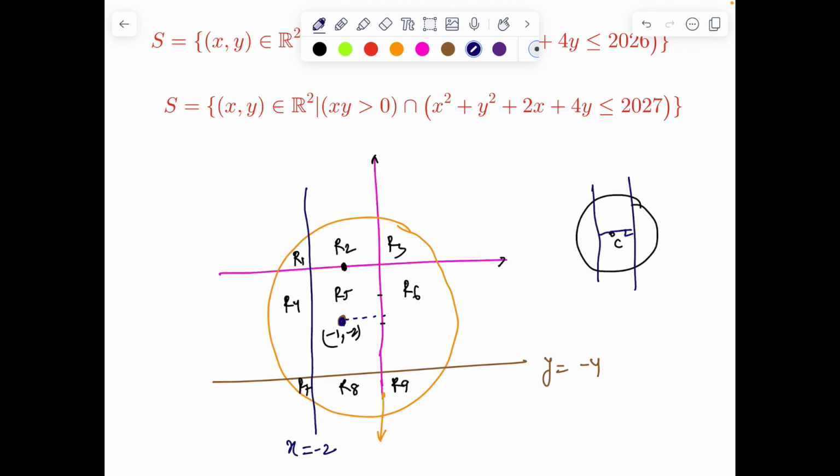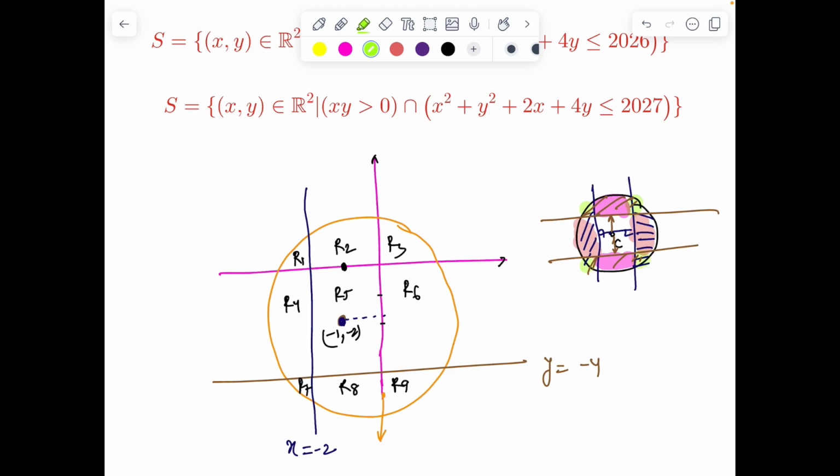If I take two chords which are at the same distance from the center on either side, this part will be exactly a mirror image of this part, so both areas will be the same. Similarly, if I take two chords at the same height or depth from the center, again this area will be the same as this one. So by symmetry I can tell all these area chunks will be equal, as shown in the diagram.